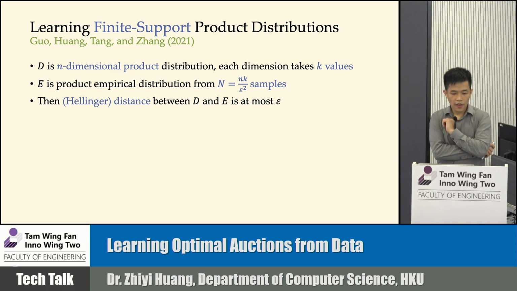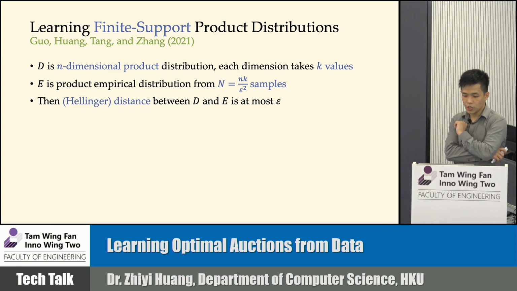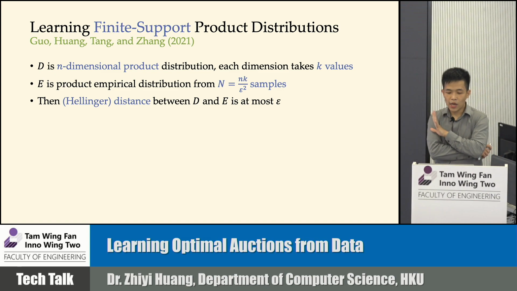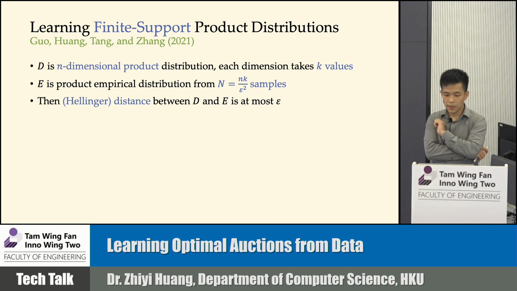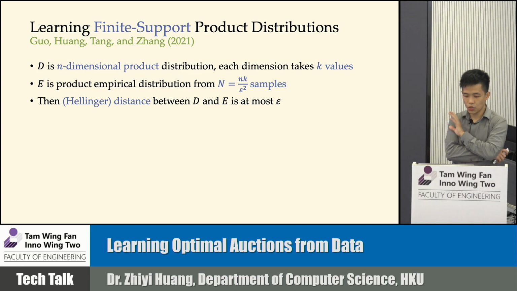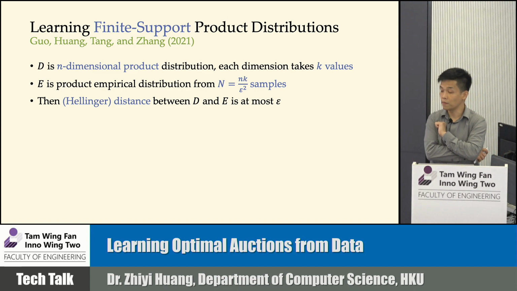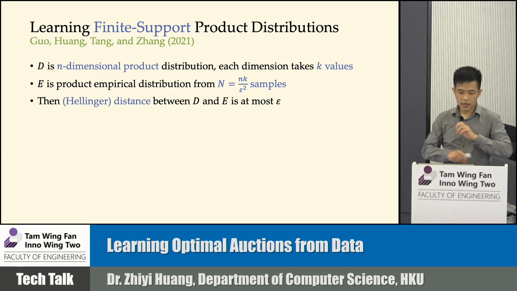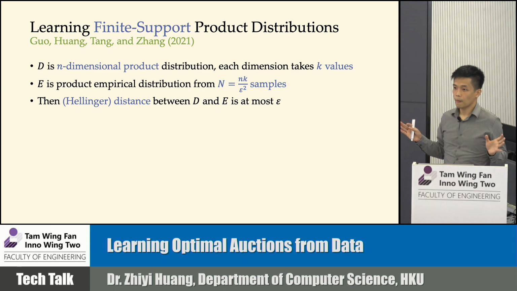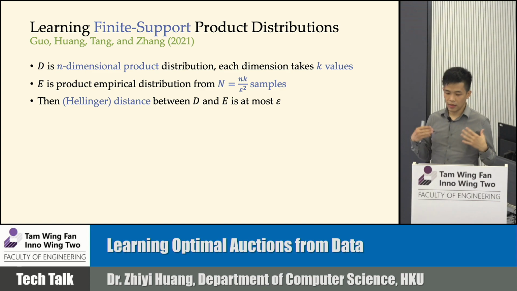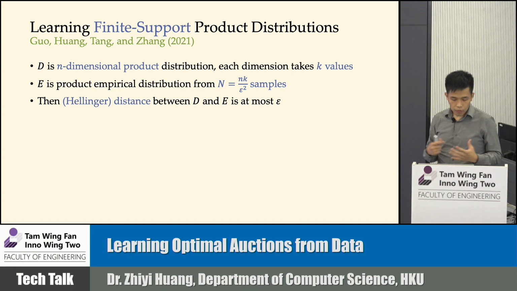If D is an n-dimensional product distribution, and each dimension can only take k values, then we can show that with n times k over epsilon squared samples, if you construct the product empirical distribution from these samples, then the distance between your true distribution and the learned empirical distribution is at most epsilon. So this number of samples is both sufficient and necessary.